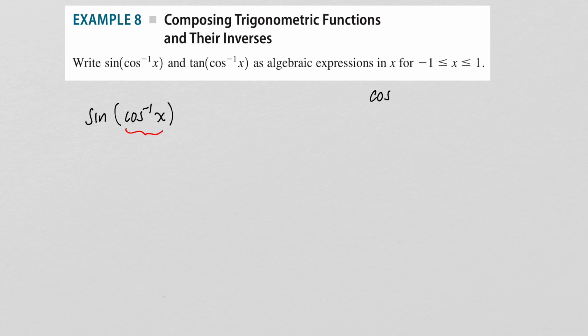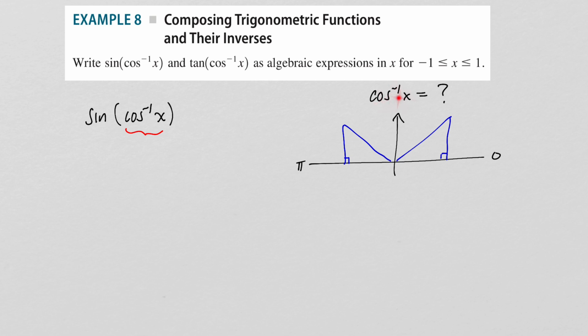Well, inverse cosine of x is equal to some angle, and we know that angle is going to be between 0 and pi. Now, depending on whether x is positive or negative, you could have a triangle here, or you could have a triangle over here. There's two possibilities in this case.